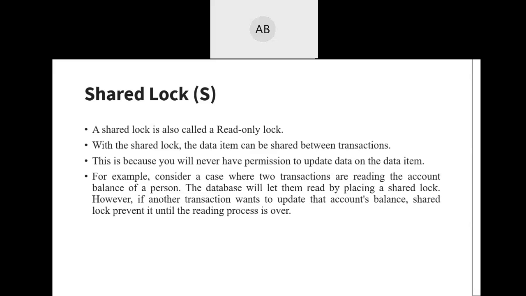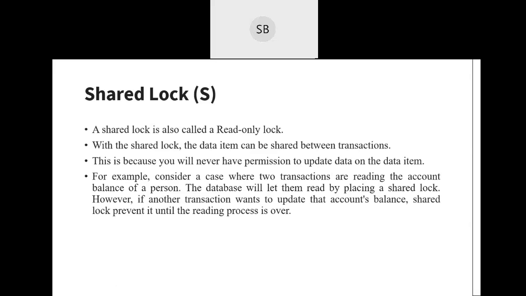Okay, shared lock. I hope you remember this is a continuation of the concurrency topic, the transactions and schedules we have studied. If you have the diagram, we have various transactions, T1, T2. We have seen that reading can be done simultaneously.